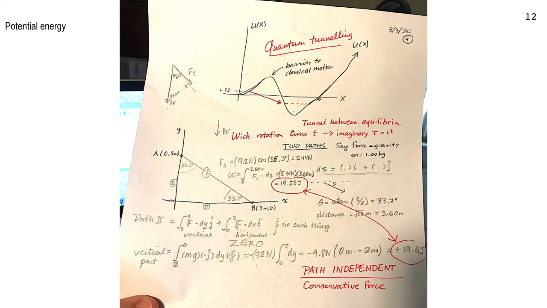This is also minus j hat. Here's my vertical part. The reason that this is minus j hat is because I'm going downwards.